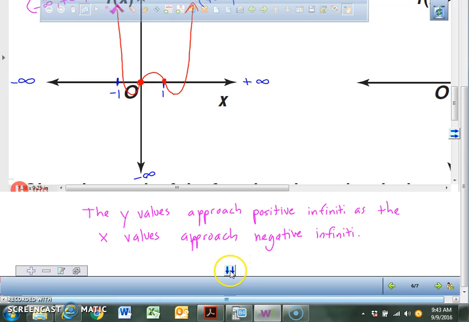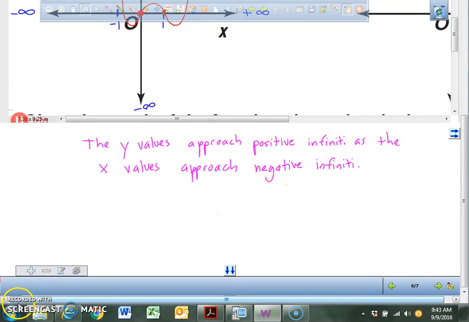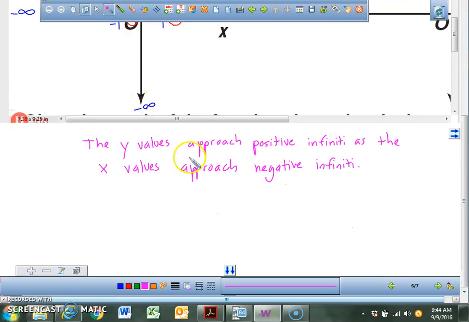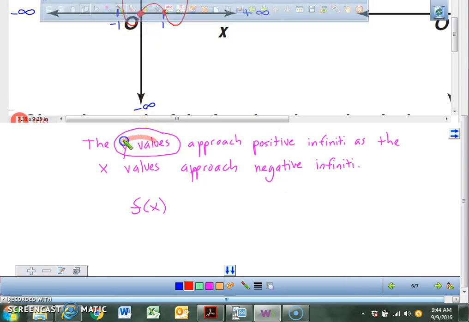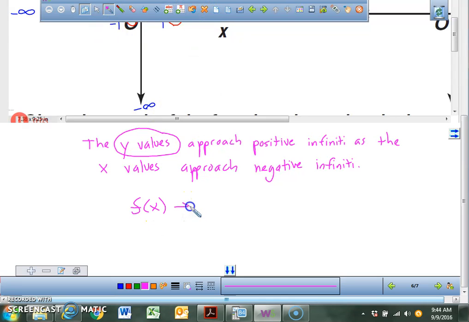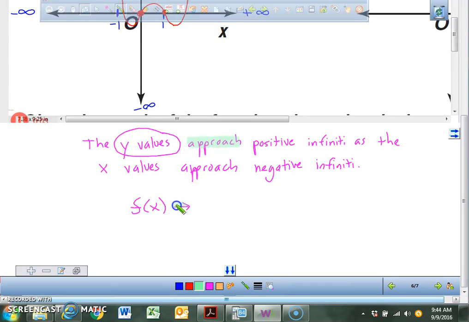That's a lot of words to write, so I'll give you a chance to write those down. When I'm talking about my y values, that refers to f of x. So I'm not going to write y, I'm just going to write f of x. So as f of x approaches, I'm going to highlight this part right here. The approaches, everybody, is talking about this.